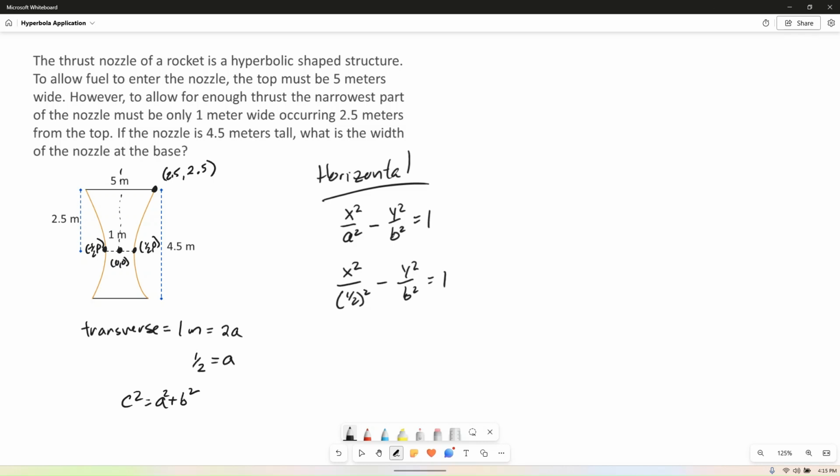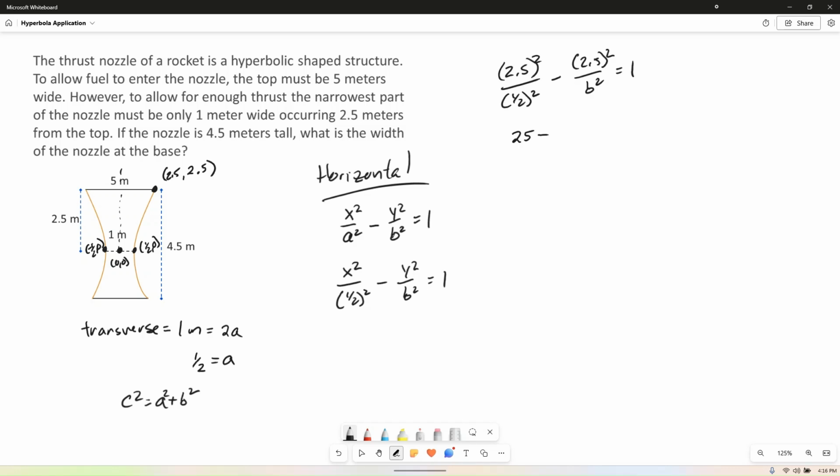So if I plug in an x and a y value of 2.5, we're going to have 2.5 squared divided by a half squared, minus 2.5 squared over b squared, is equal to 1. If I compute this first fraction, 2.5 squared divided by a half squared, it turns out that's just equal to 25.